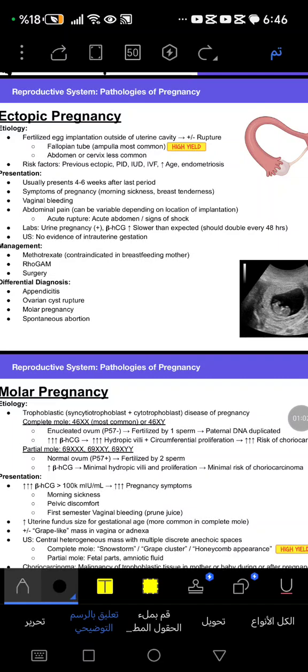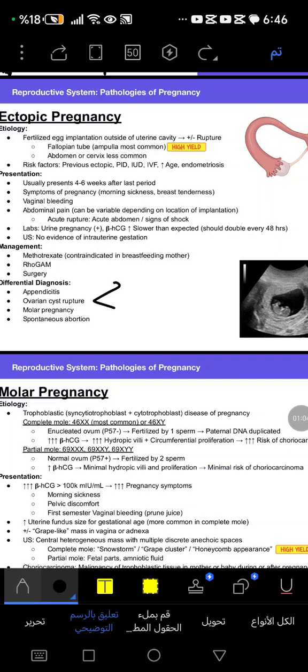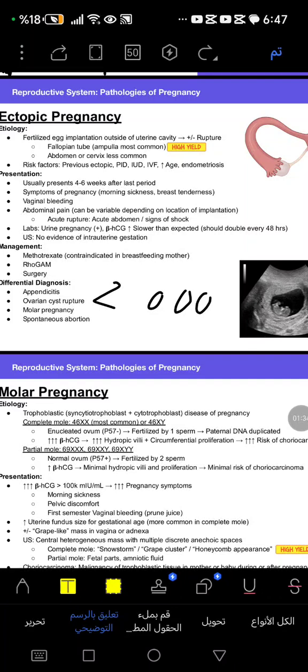If your beta HCG is 2000, you should be able to see a fetal structure or a gestational sac inside the uterus of the mother through vaginal ultrasound. So if you did a vaginal ultrasound and the beta HCG is 2000 and there are no fetal structures, you should be worried about ectopic pregnancy.